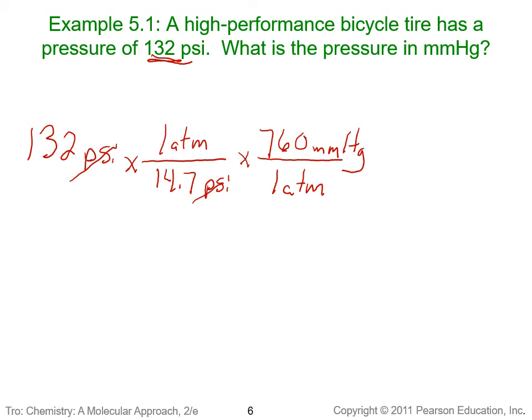Our psi will cancel, our atmospheres will cancel, and we'll end up with millimeters of mercury. So 6,820 millimeters of mercury is equal to 132 psi.